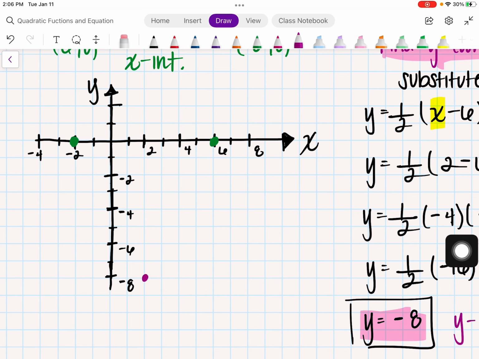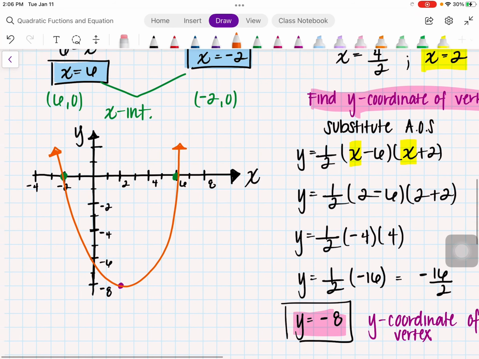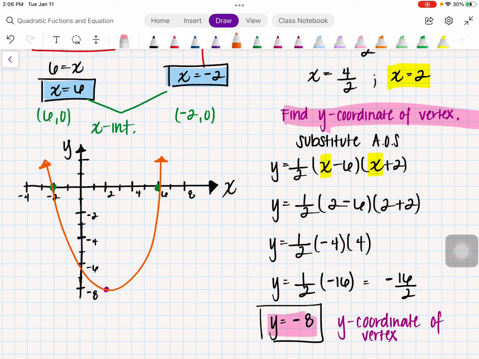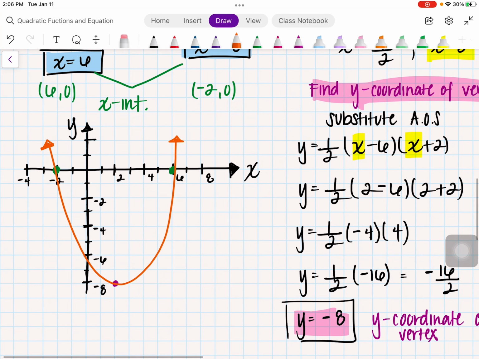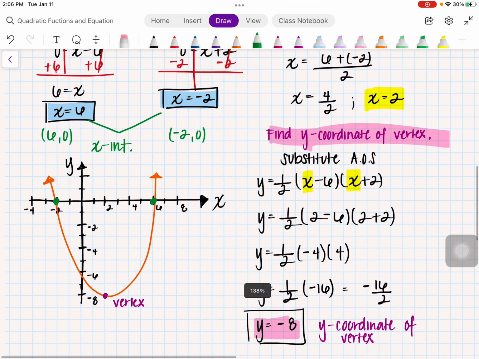So 2, -8 down here. Let's do it in this color. And let me just go ahead and connect. And that is our parabola. All right. So that is our answer there, guys. Once again, graphing it, this is my vertex. And then we have our x-intercepts here.